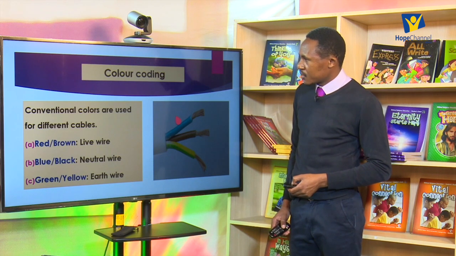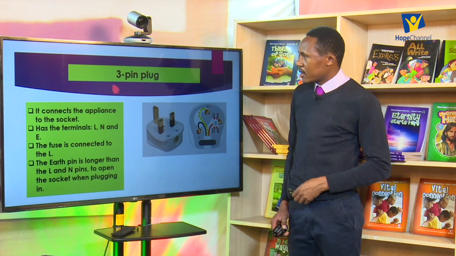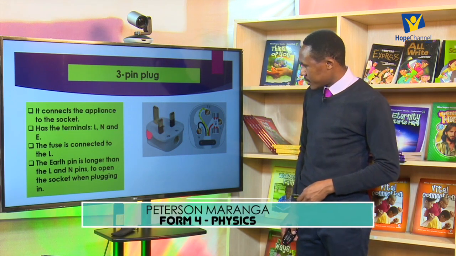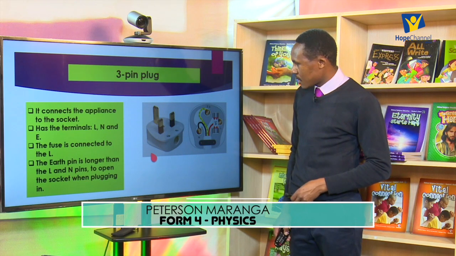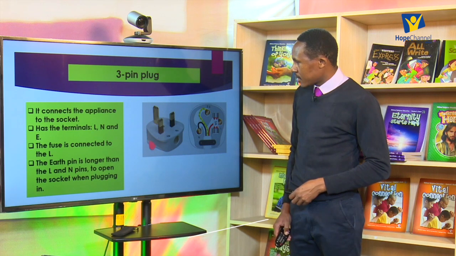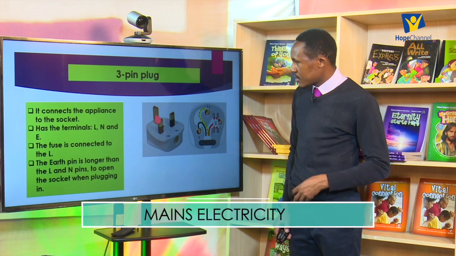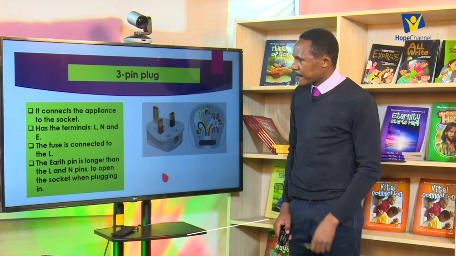Now I want us to have a look at the 3-pin plug. These are things that you are very familiar with. The chargers we use for our phones, the chargers for the computers and laptops and other appliances, the iron boxes, the immersion heaters and other things we make use of, they have this 3-pin plug.